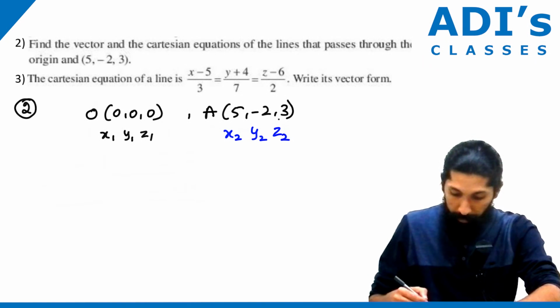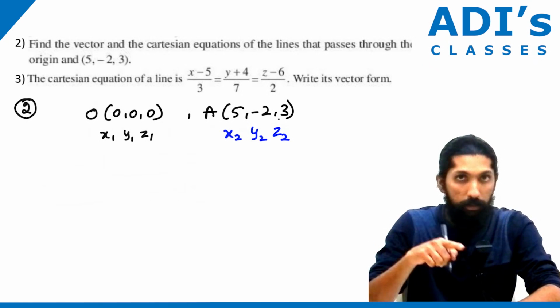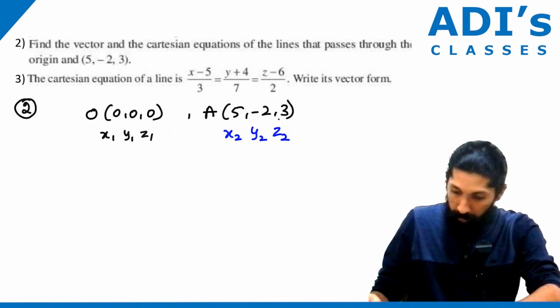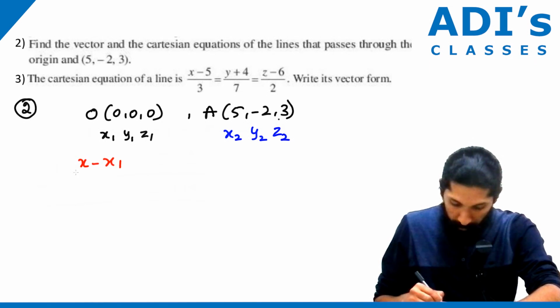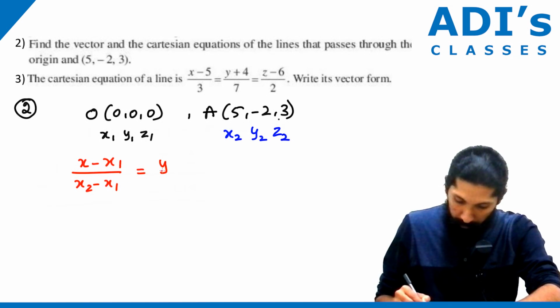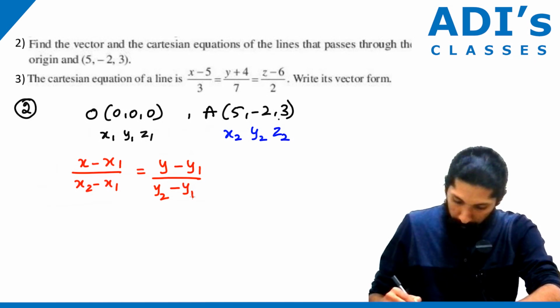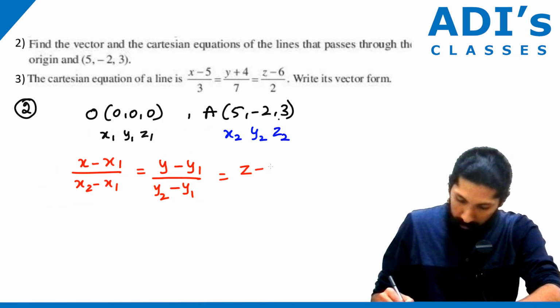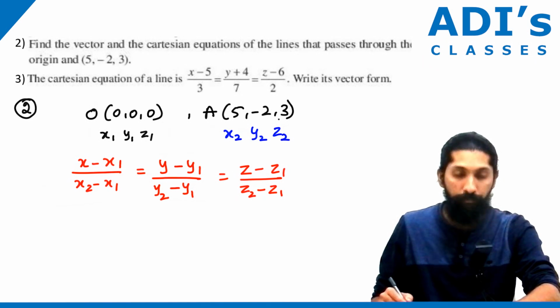Now, first we'll write down the formula. x minus x1 by x2 minus x1 is equal to y minus y1 by y2 minus y1, is equal to z minus z1 by z2 minus z1. See, this is basically the formula.